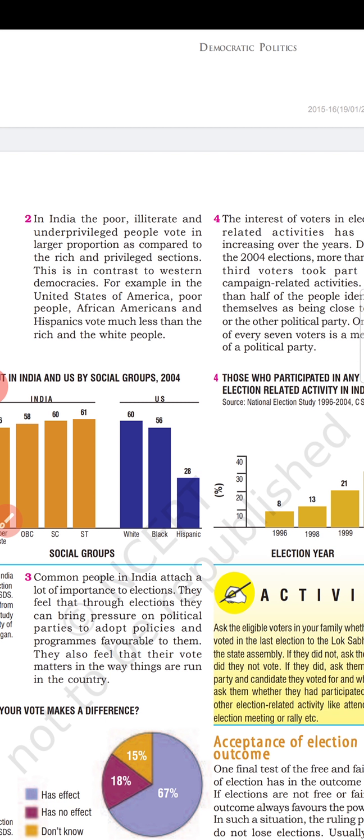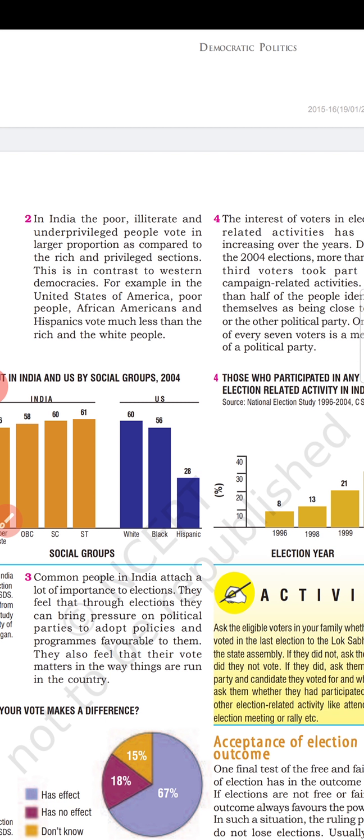In India, literacy rate is low and poverty is high, so the people are attracted by the offers given by the political parties, that if any political party will come, they will give minimum employment to the people, they will give free rice, wheat, grains to the people, some money will be transferred to their account.